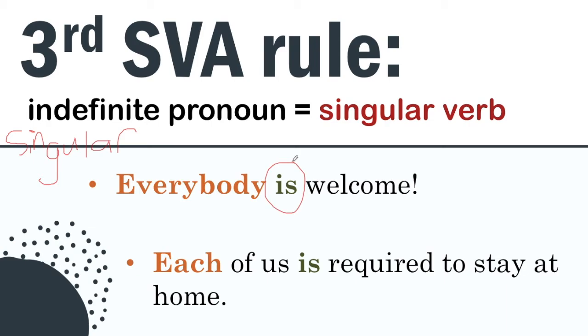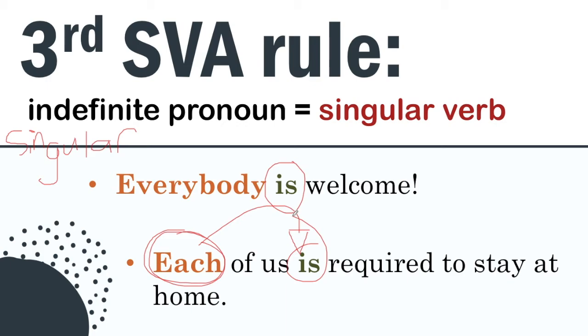Each of us is required to stay at home. Please do stay at home. Each is an indefinite pronoun because we're not pertaining to someone specific. And since we use a singular indefinite pronoun, our verb should be singular as well.